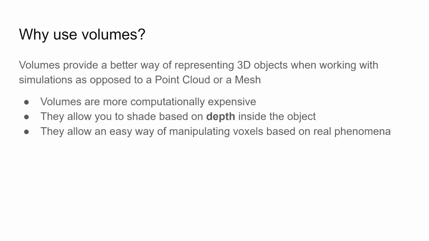It allows you to have a 3D inside of the object. When you're working with meshes, there isn't really an inside of the object. However, voxels, since it's basically just an accumulation of a bunch of tiny cubes, there is depth in it, and you can manipulate each voxel individually. You can create really cool simulations and really cool effects based on that.